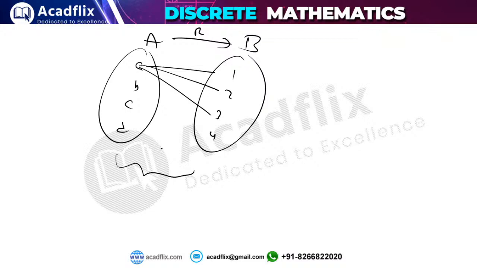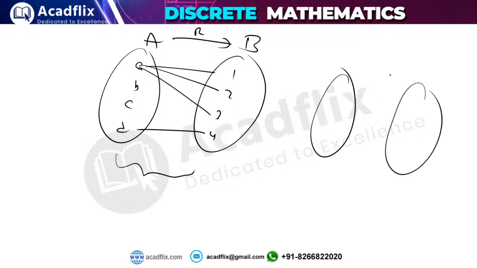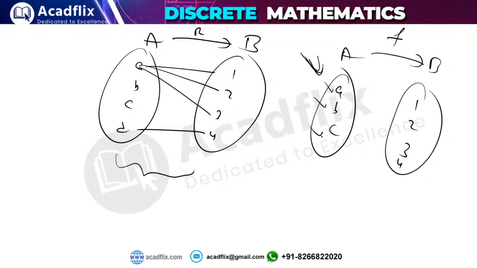Right now just keep your focus on functions. Relation is anything from set A to set B. Whatever you do, that is a relation. But this is not a function. A function is a special type of relation in which every element of this set is related to exactly one element of this set.